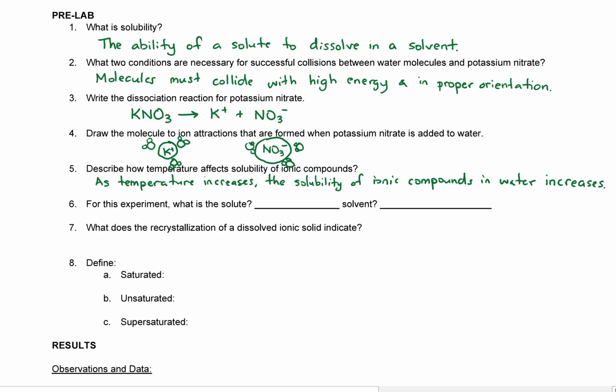For this experiment, what is the solute and what is the solvent? So the solute is potassium nitrate, and then our solvent is water. We're dissolving it in water.